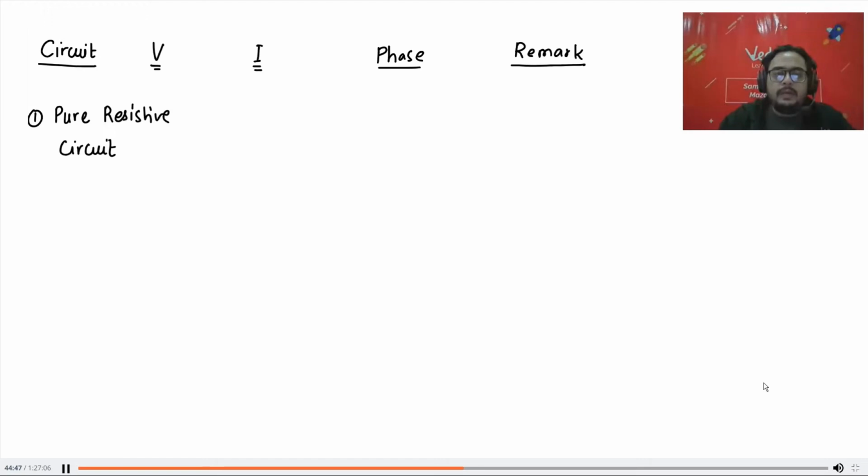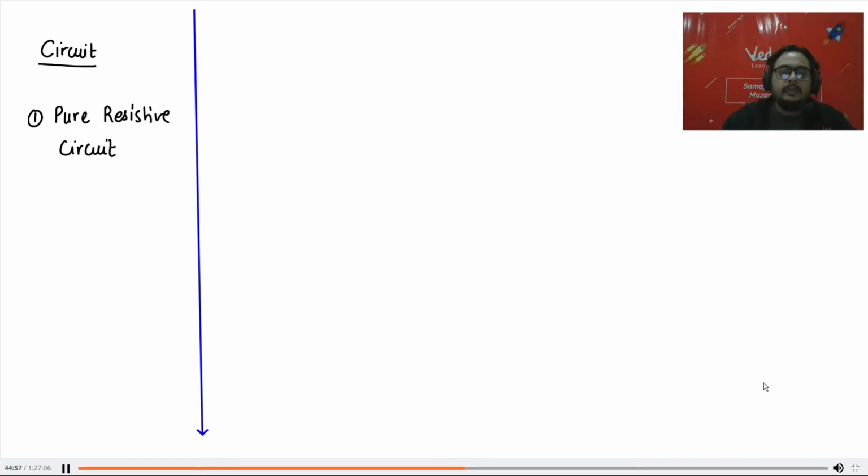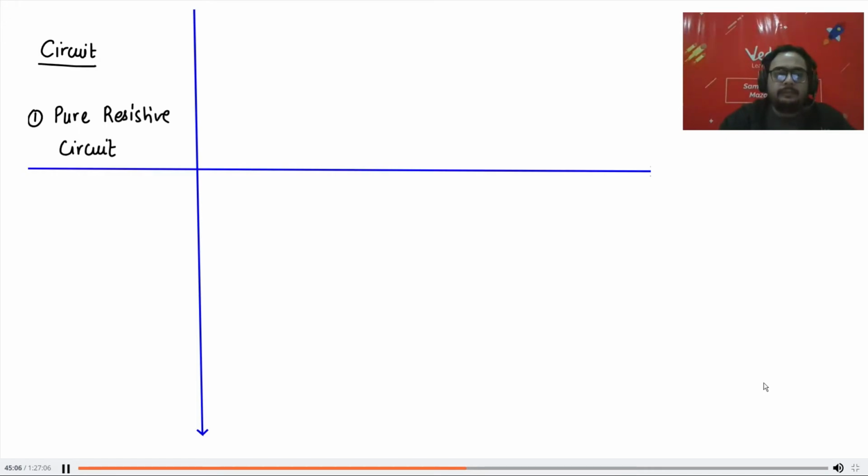I'm not very good at making tables, as is evident, everyone is able to see.